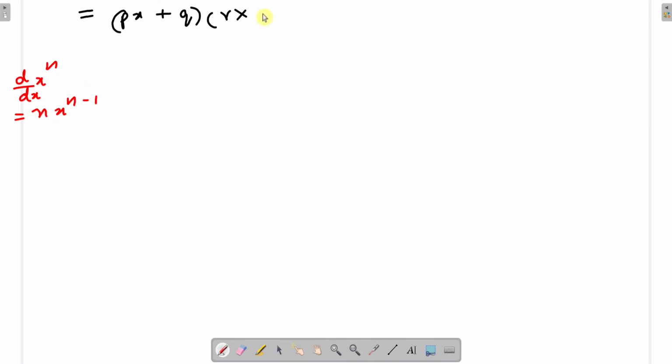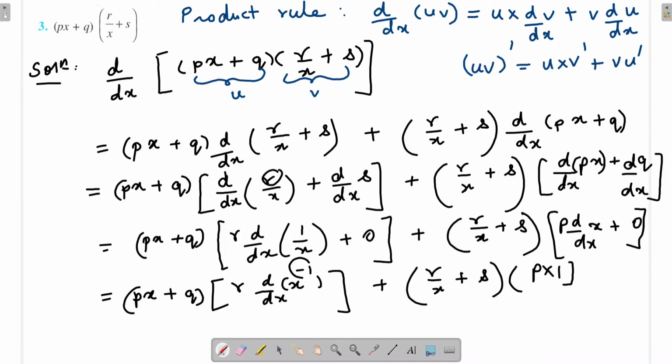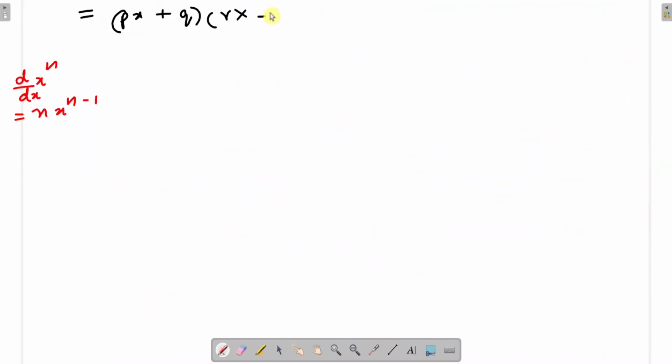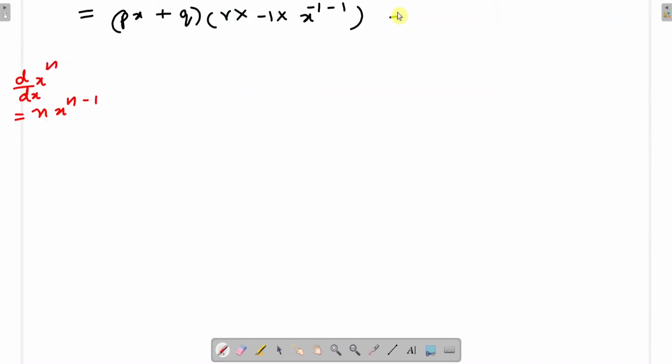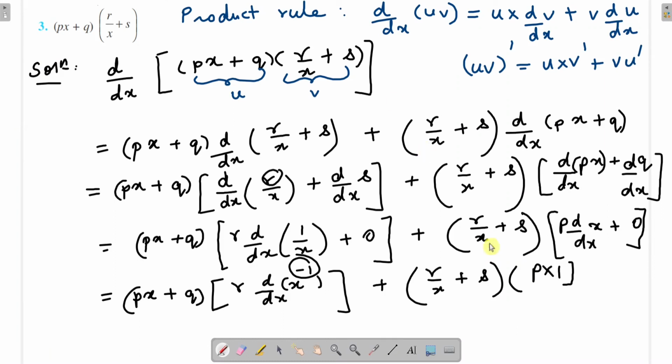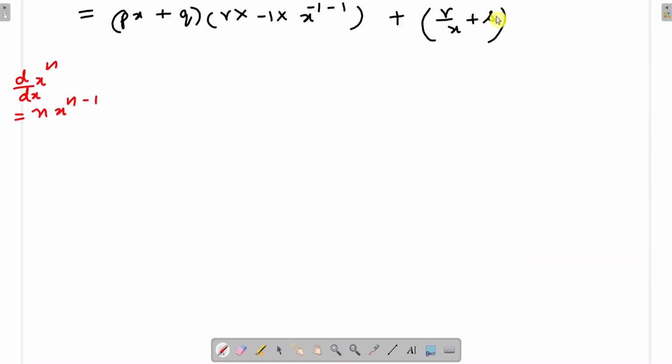Okay, so we will get what, n is minus 1 here, so minus 1 times x raised to minus 1 minus 1, right? n is minus 1 here, this formula we are using. Okay, so then plus r by x plus s, and then multiplied by p multiplied by 1 is p.